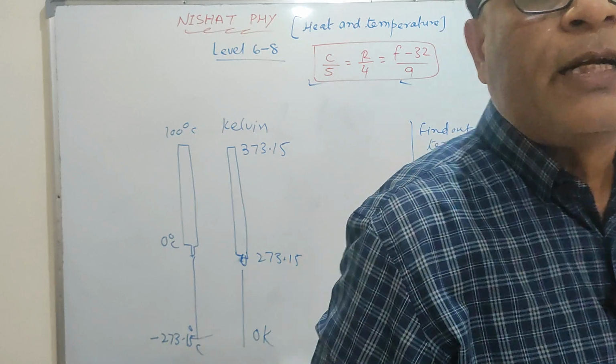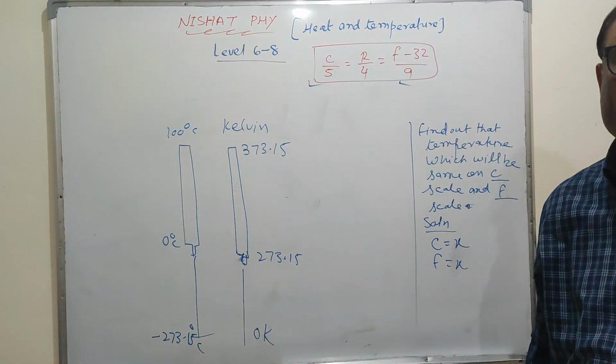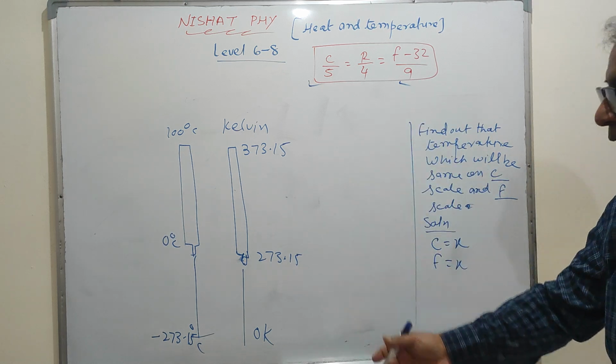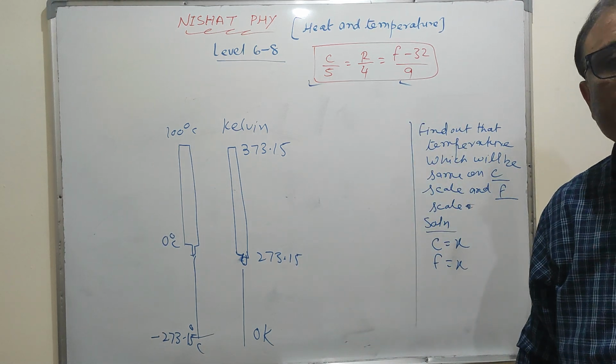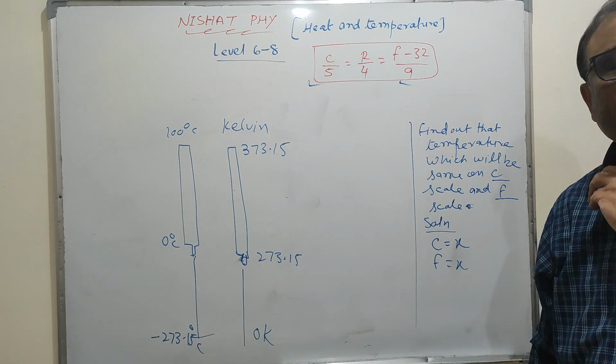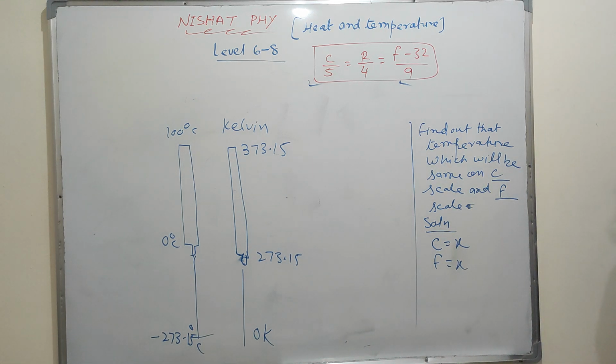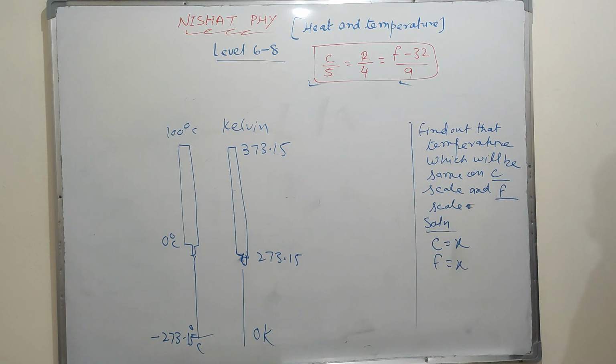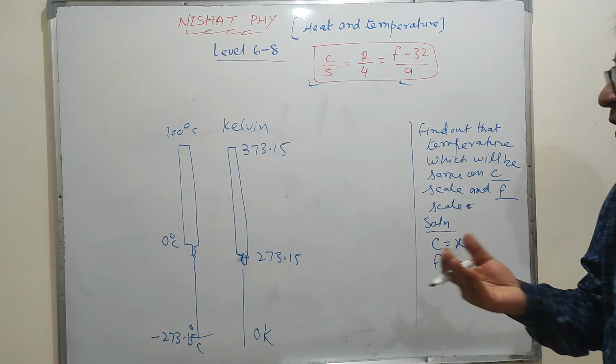This is the reason there is no degree in Kelvin, because just like when you compare, we say good, better, best: positive, comparative, and superlative. But here there is no comparison. 0 means absolute 0. Below that, temperature is not possible. So you can do it like this. How can you convert it?